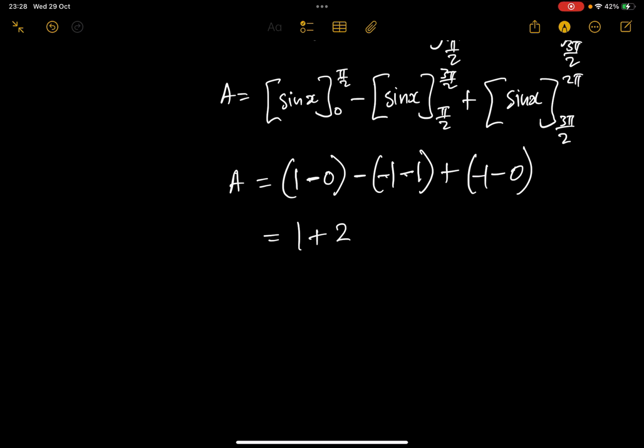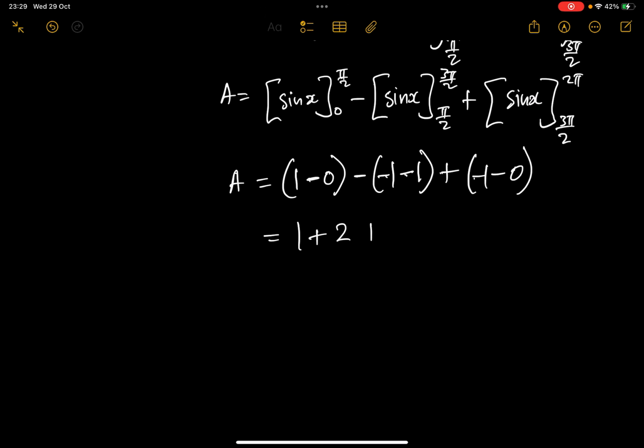Plus 2, then this is plus minus, this is minus. Let me see if I made any mistakes while I was calculating this.